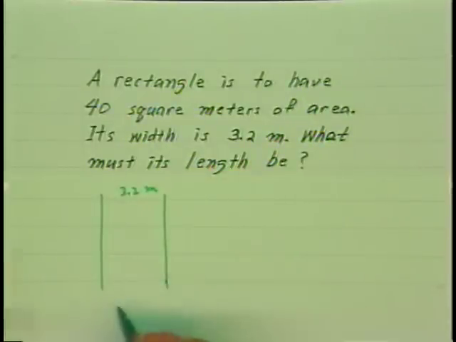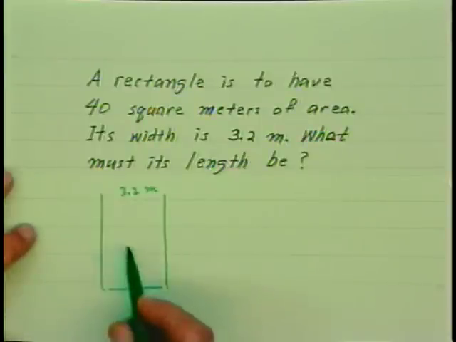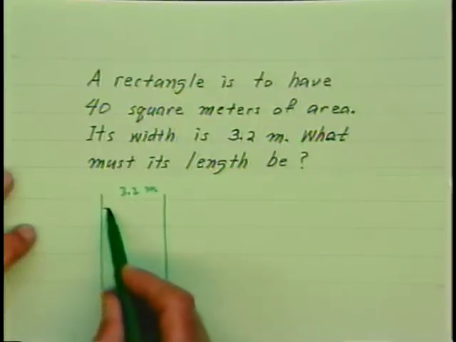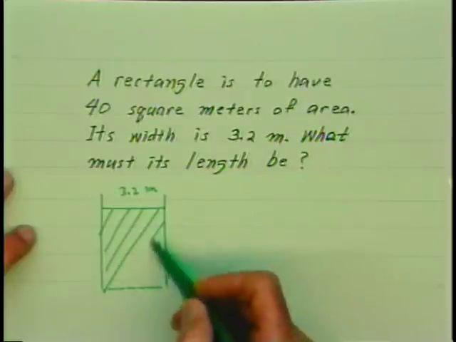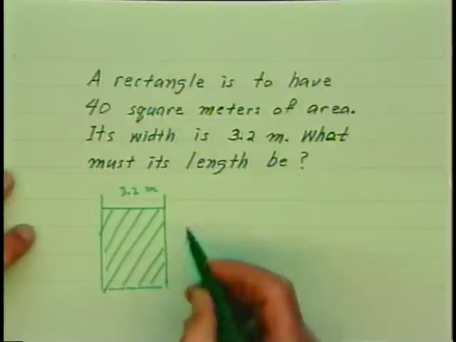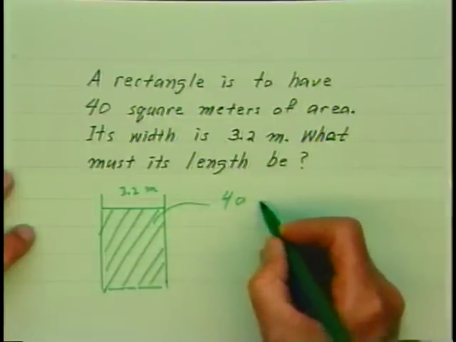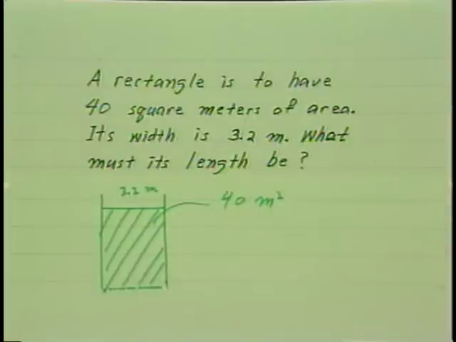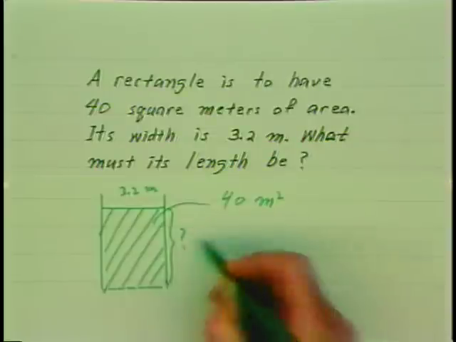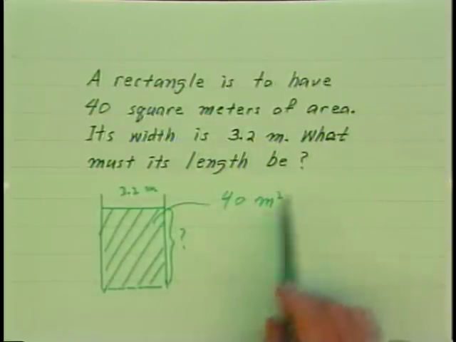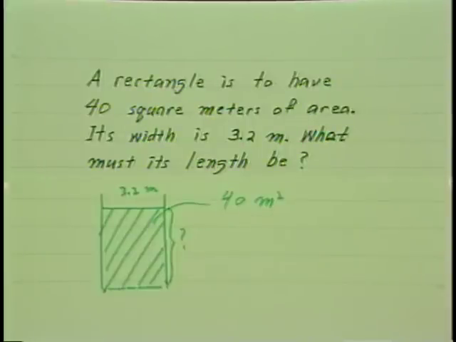A contractor wished to front in the building but it needed for its purposes an area before he put the back in, and the area for the purpose that was being used in this building site had to be 40 square meters. So our question is, how far back should he go? It's a common situation in architecture and drafting.